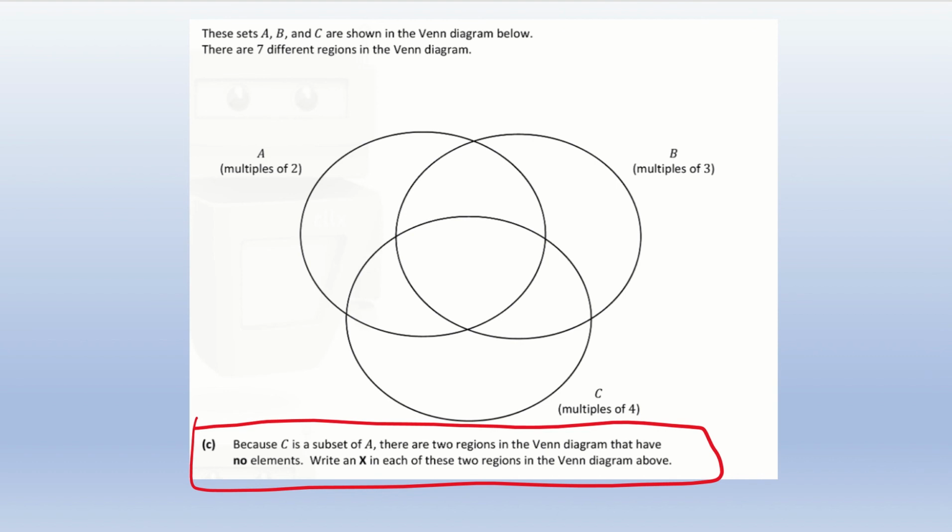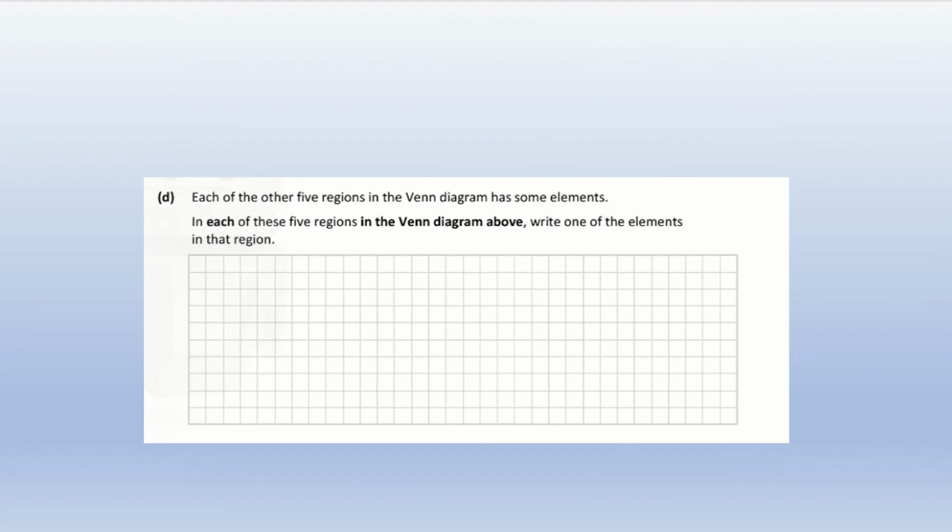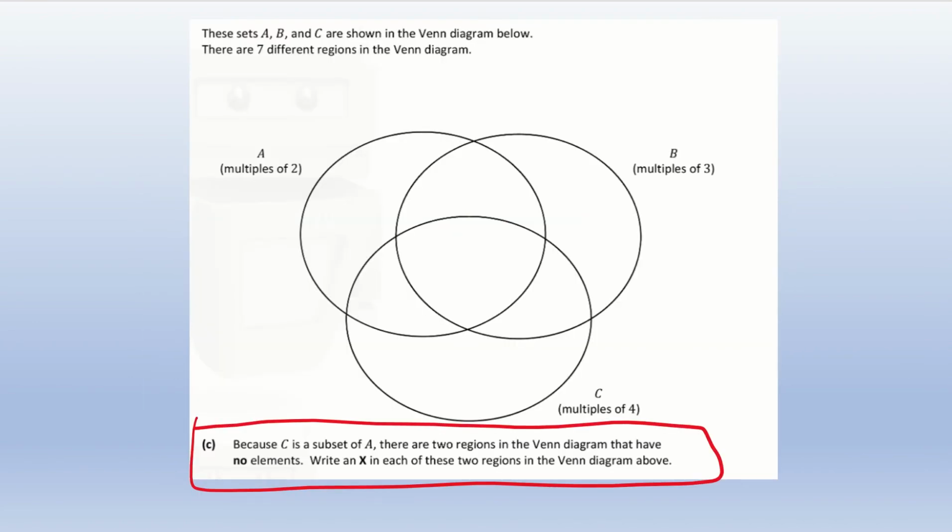So it'll be empty, so we have to mark that with an X. And they also tell us in part D that each of the other 5 regions in the Venn diagram has some elements. In each of these 5 regions, write one of the elements in that region. So basically they're asking us to fill out this Venn diagram, and in 2 of the sections we have to mark an X because they're going to be empty.